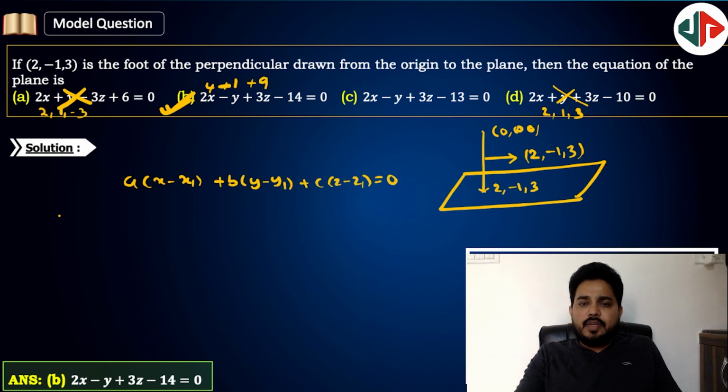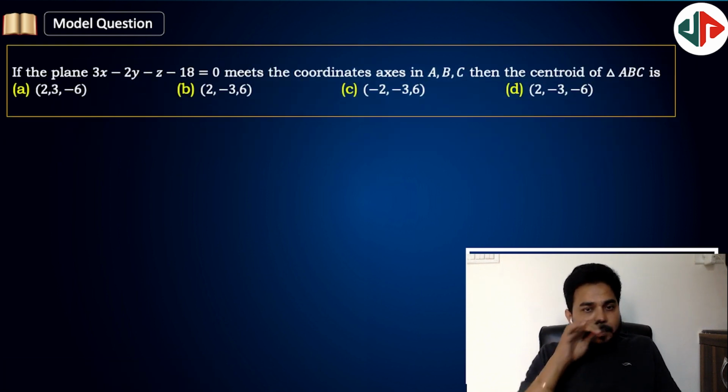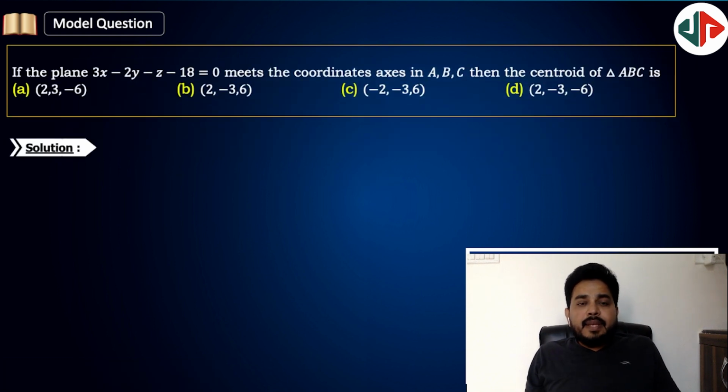Moving to the next question. If the plane meets the coordinate axes in A, B, C, what is the centroid? So you need to write it in the intercept form, x by a plus y by b plus z by c is equal to 1.